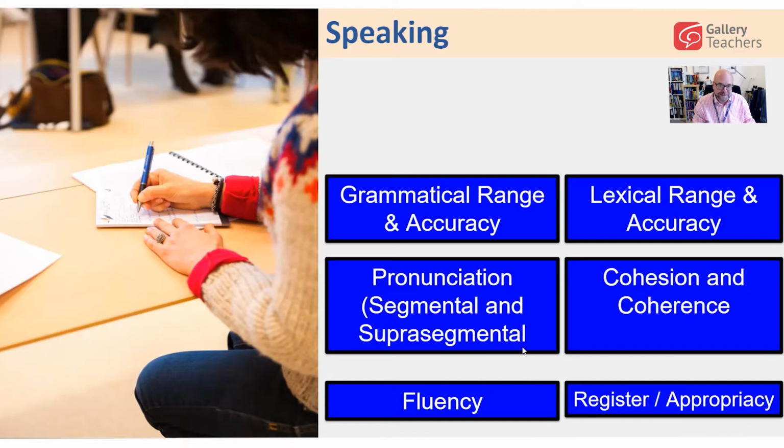Of course, teachers of speaking will probably want to add things like fluency, register, and appropriacy. But I'm going to argue that, in fact, these, particularly the four points here, are not necessarily the most important things that we should be focusing on as our objectives in planning speaking classes.